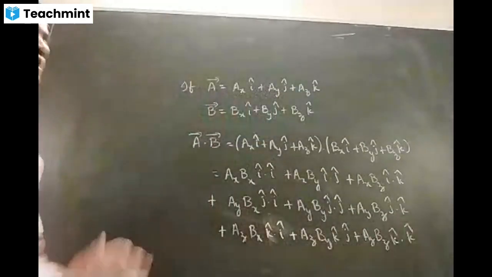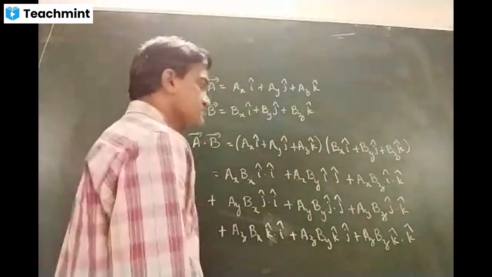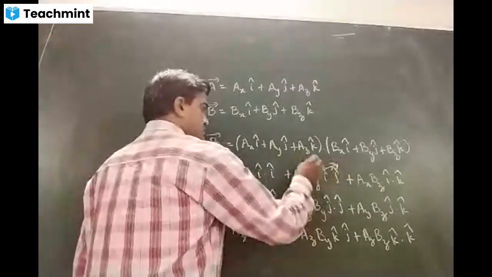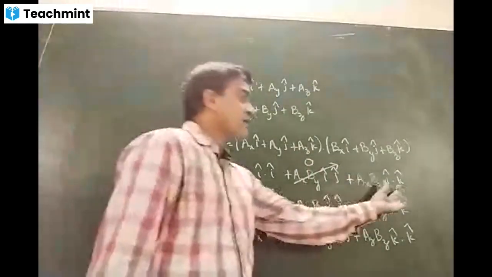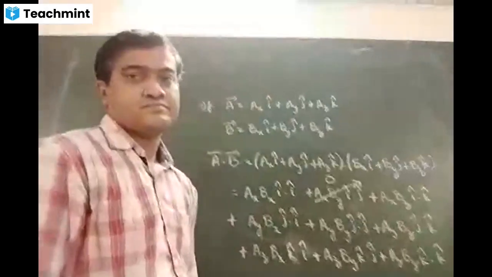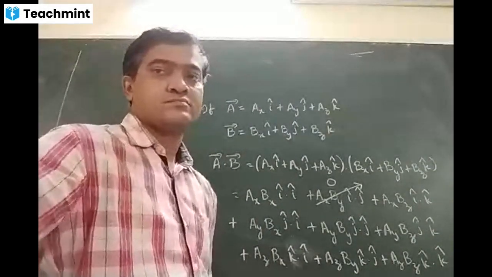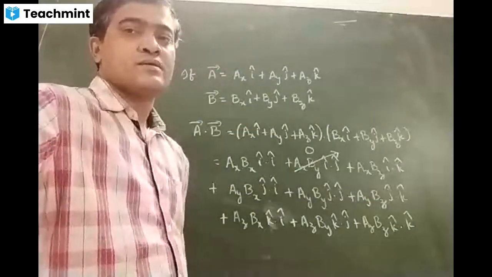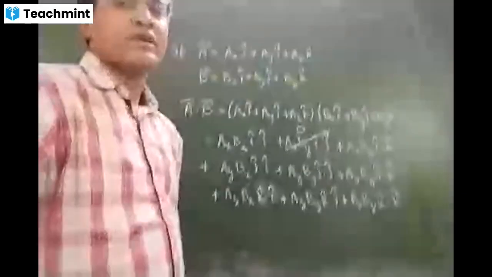Now here, what is the value of I cap dot J cap? 0. I cap dot K cap, 0. Can I say I cap dot K cap is equal to K cap dot I cap?